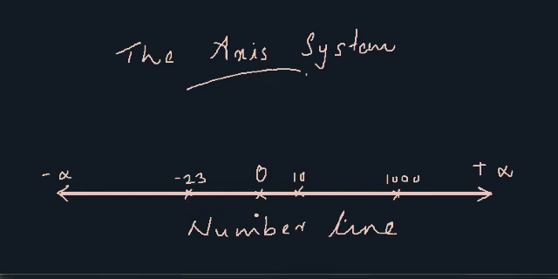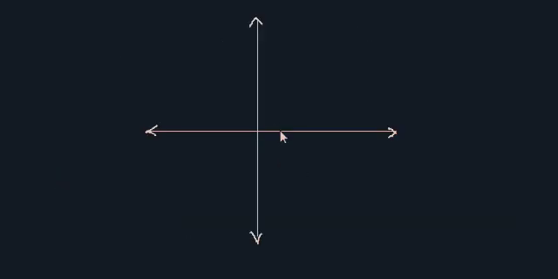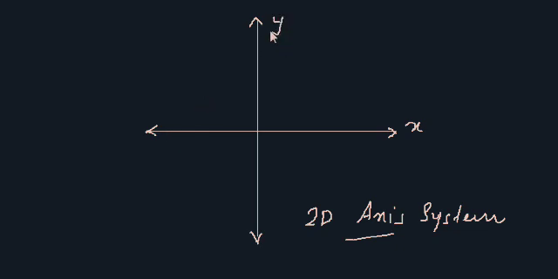Now, if you have two number lines running perpendicular to each other, then that makes a two-dimensional axis. For convenience, let's call it x-axis and let's call it y-axis.